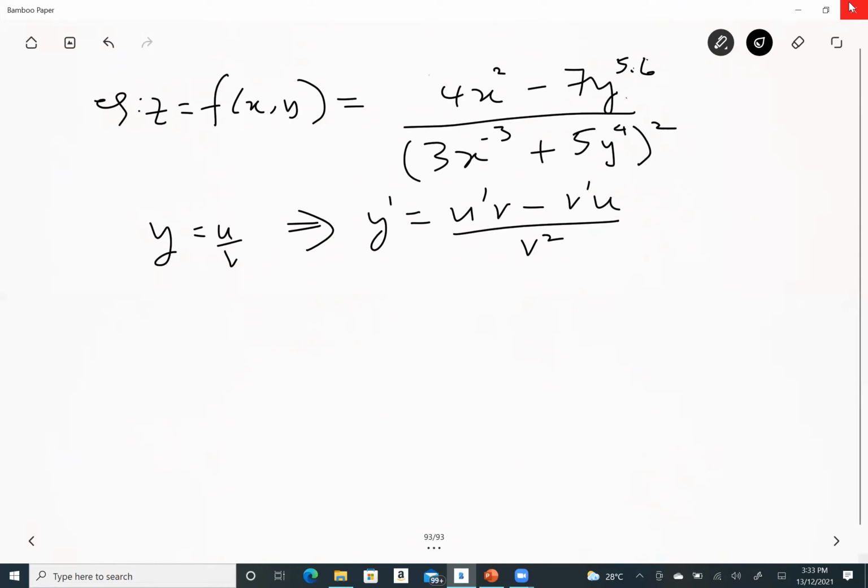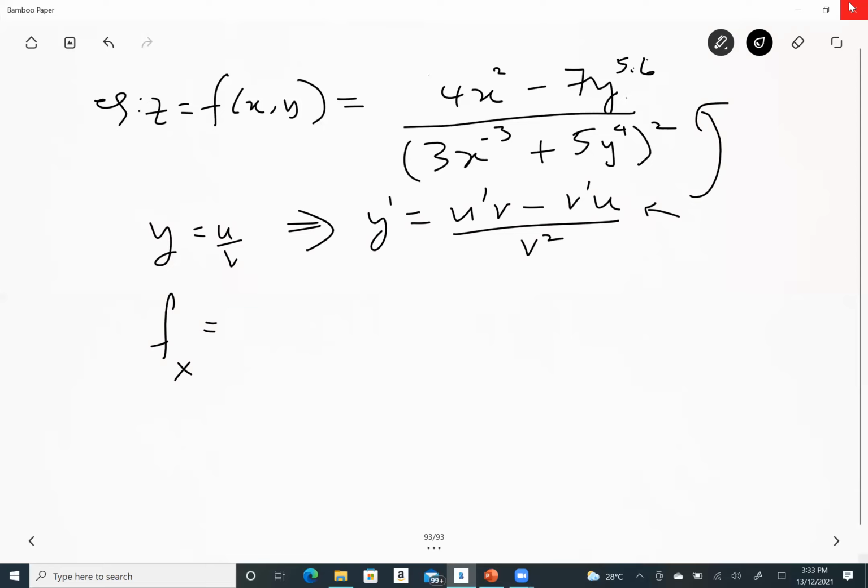Okay? So now we're going to apply it to the function with two independent variables. So first we find fx. Okay, so that's the formula here. And now the u prime is what? U prime is of course df dx.